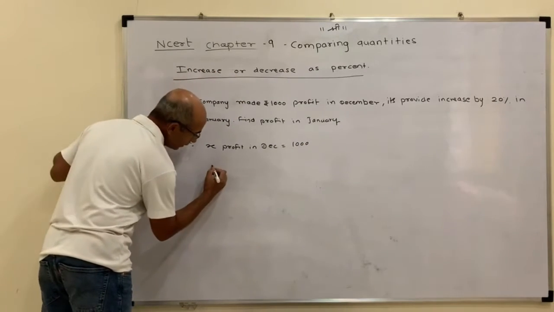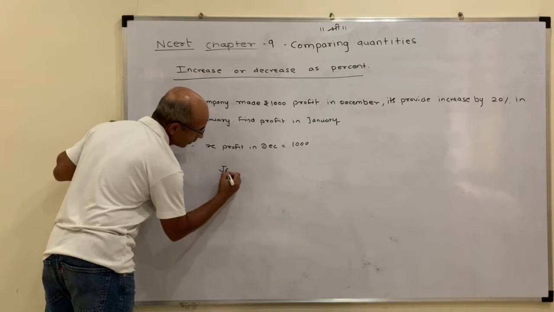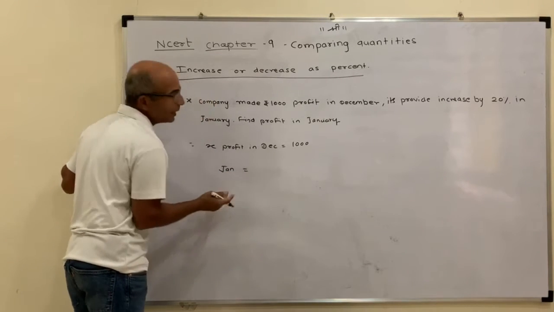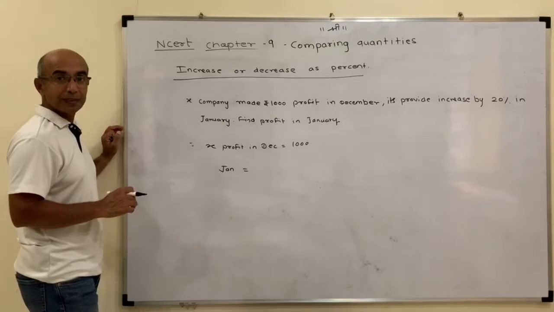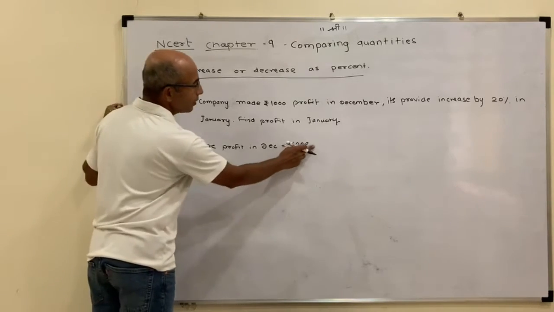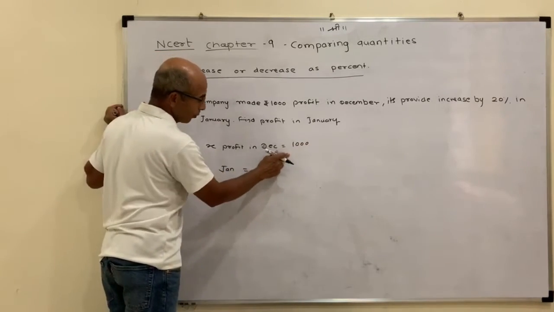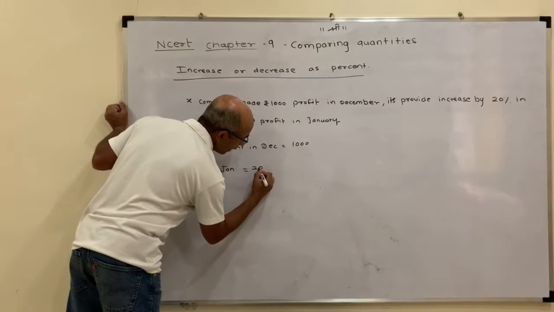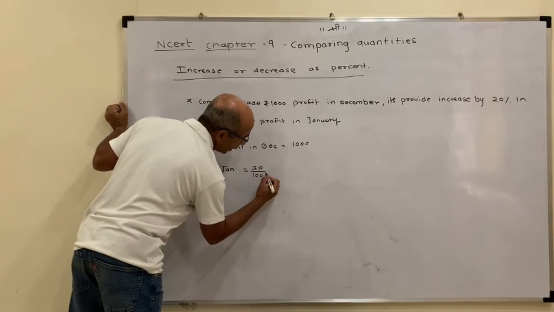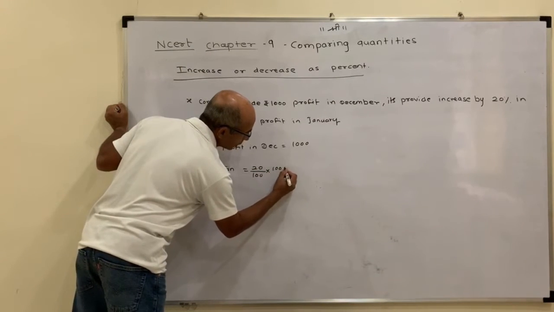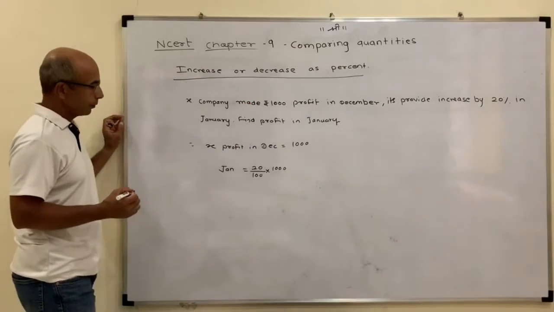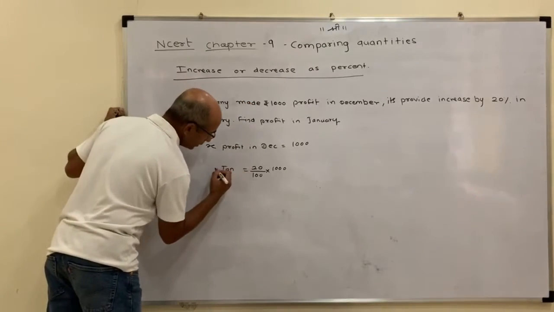In Jan, it increased by 20%. So 20% on what? 20% on this 1000 rupees. So 20 divided by 100 into 1000. So Jan profit how much?